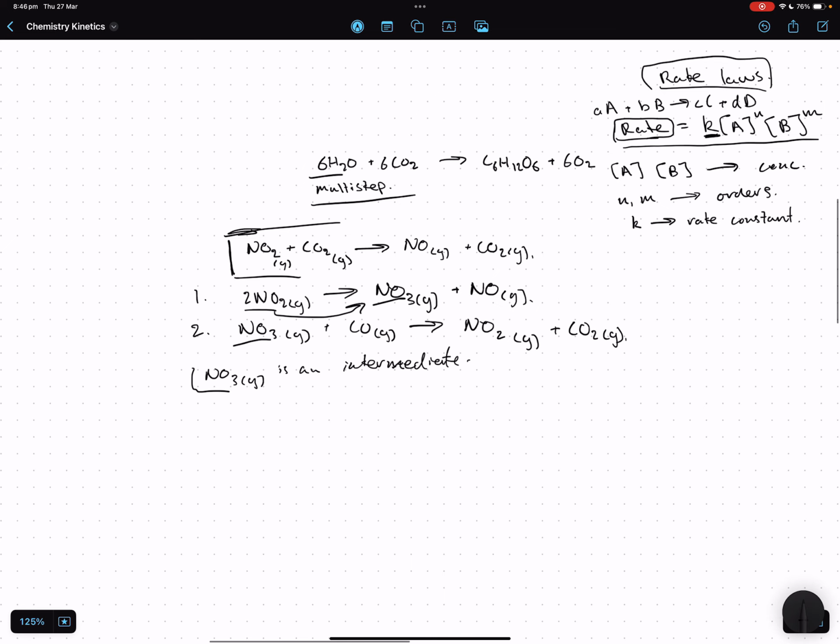Okay, so here's an important thing to remember with elementary steps. The order of the equation, remember we said that was experimentally derived for the overall equation. The order for the elementary steps can be assumed from the stoichiometry.